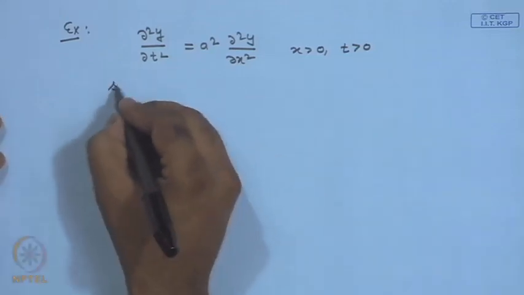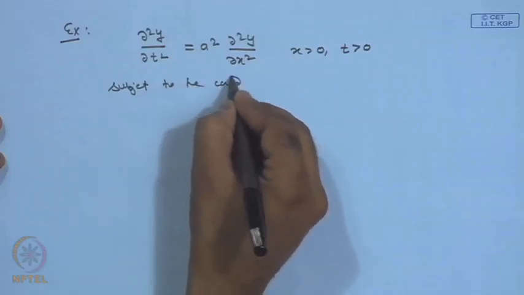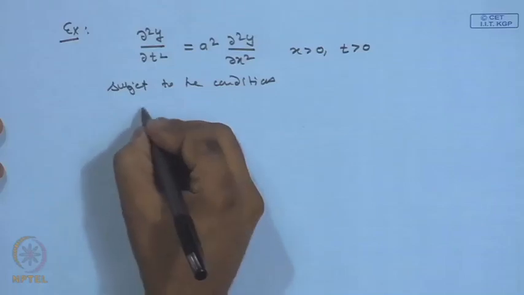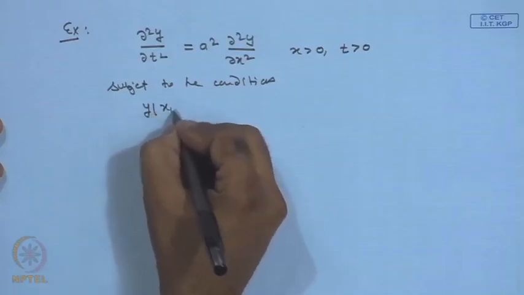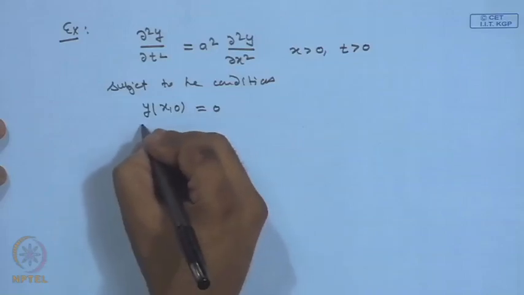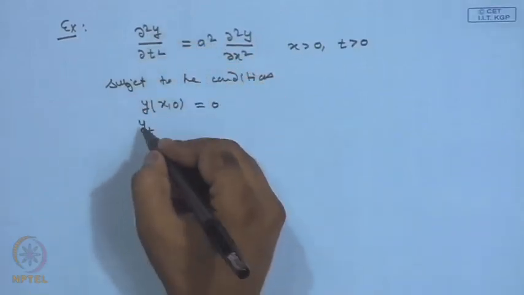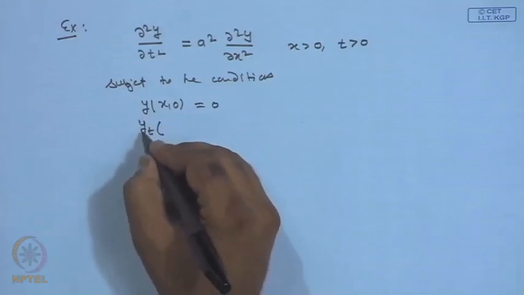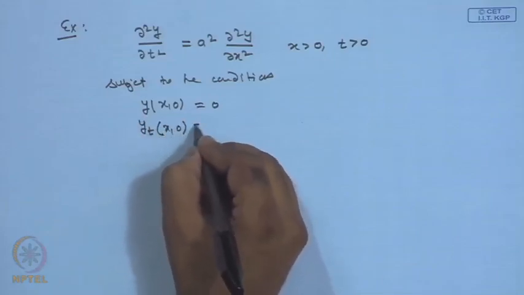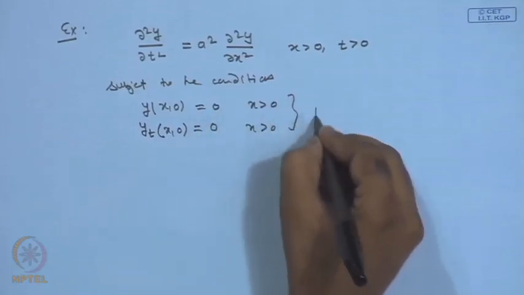In this case, we have the conditions that y at t is equal to 0 is 0 and also y t. So, we have the double derivative with respect to t, so we need two initial conditions. So, the partial derivative of y with respect to t at x and 0 is also 0. So, for x positive, these are our initial conditions.